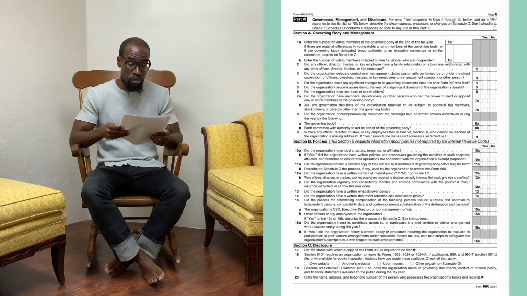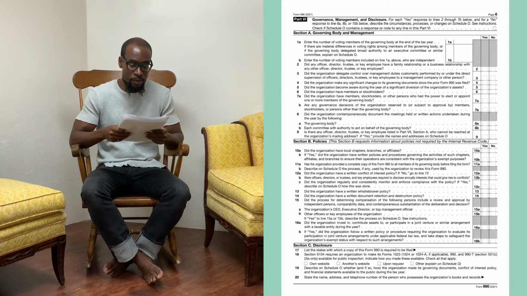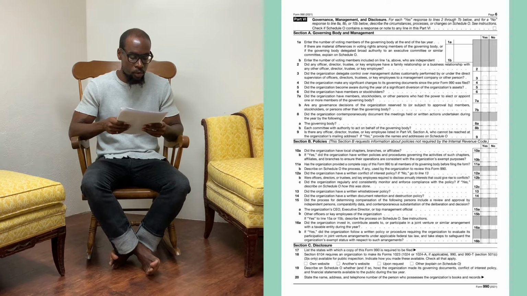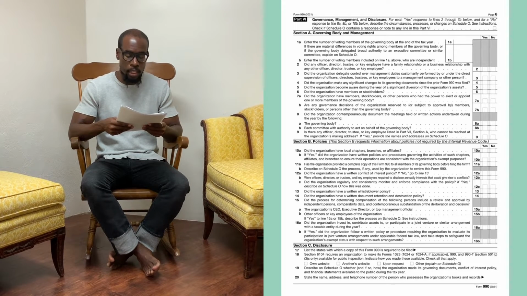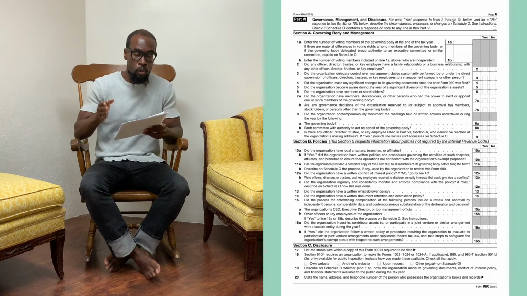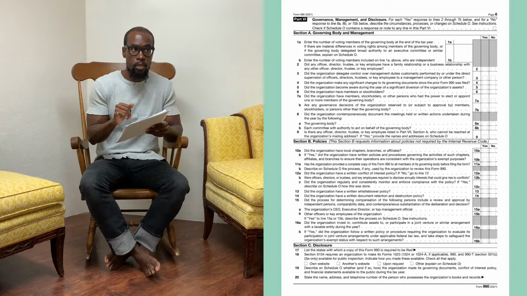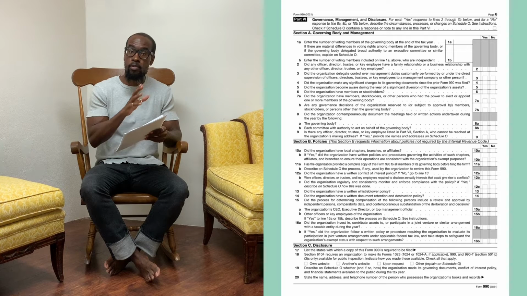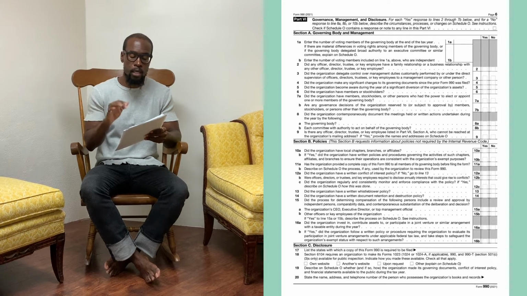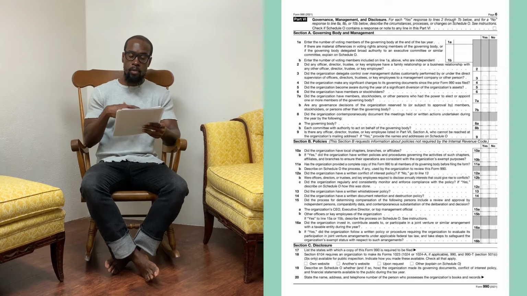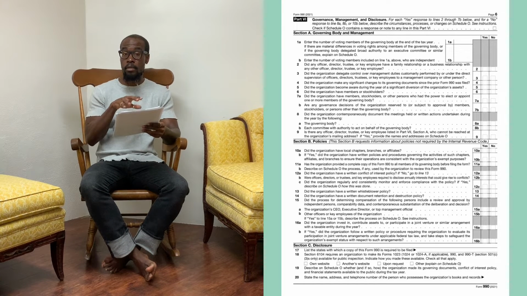Part 6 is governance, management, and disclosure. Again, more questions. Governing body and management. These questions directly relate to you. They're less about your oversight and your understanding of the nonprofit and your responsibilities to the Department of Treasury and the federal government, and more about you. These questions relate to you and your own roles and responsibilities as a board as it relates to this filing itself.